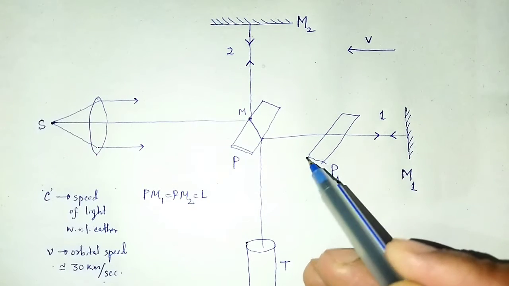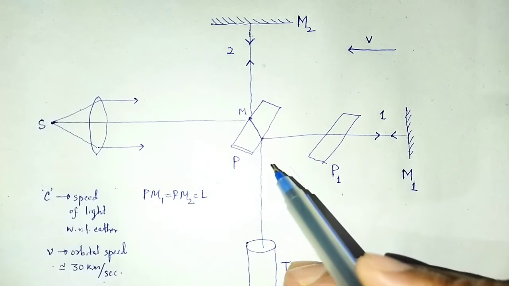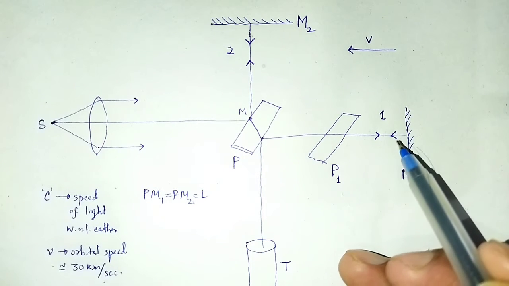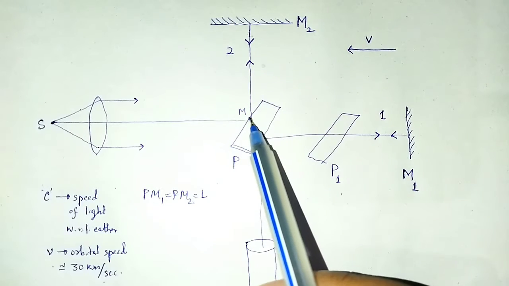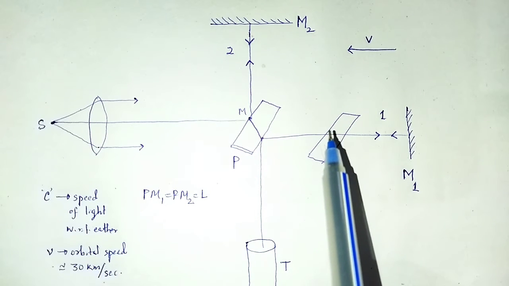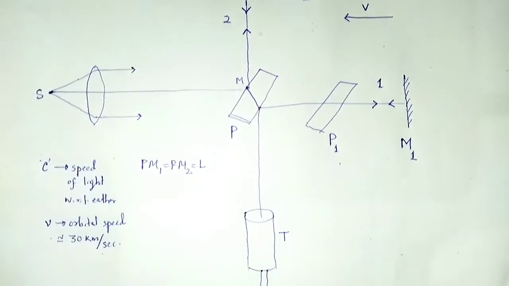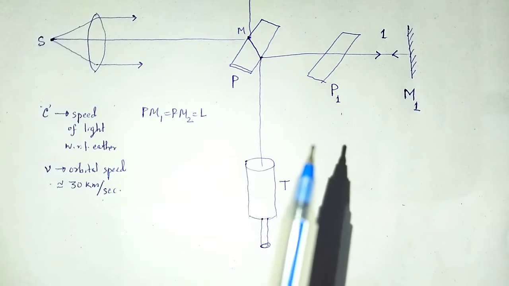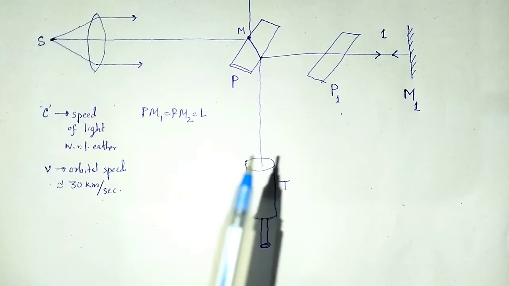A compensating plate is used parallel to P in the path of beam 1 to compensate the extra path covered by beam 2, reflected towards M2, which is again reflected back towards P to enter the telescope T. The whole apparatus was floating on mercury to avoid strains, and the whole system could be turned smoothly into any direction.